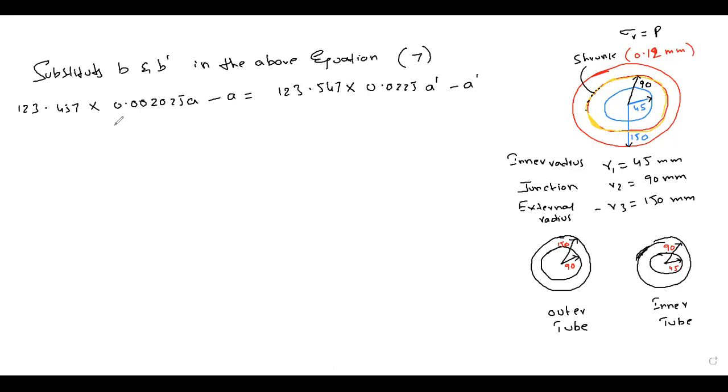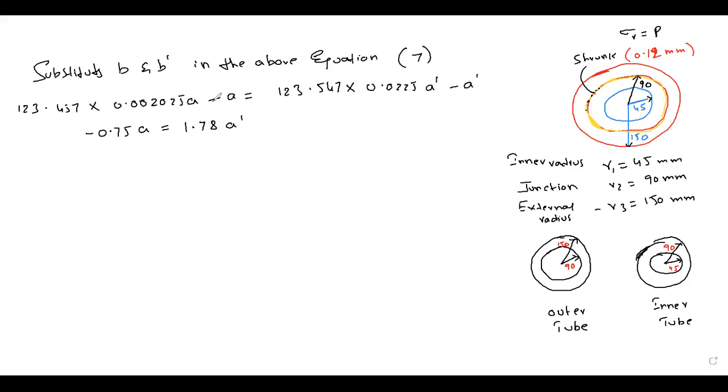So what is this equation? If you look at the previous equation, you will understand. So 123.457 b minus a. Why? Because we are equating both equations which are at the junction. So substituting b value here, substituting b dash value here. From this, finally we can make an equation like this: 0.75 a is equal to 1.78 a dash.